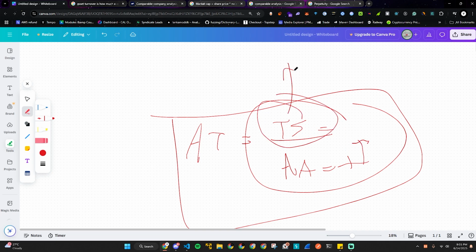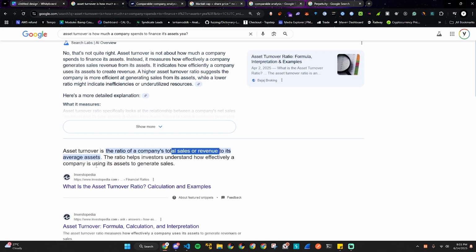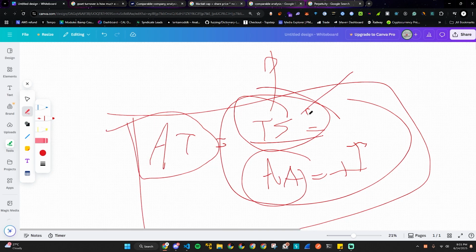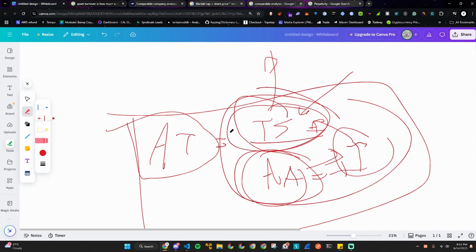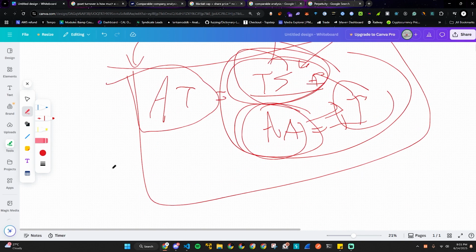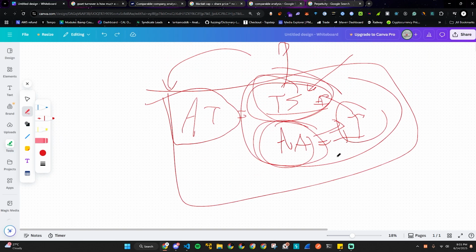So total sales is because of these assets as a part of it, right? So that's the asset turnover, as you can see. The ratio helps investors understand how effectively a company is using its assets to generate sales. Exactly, because if your assets are doing you proper justice, then you will have good total sales, and that way you determine the asset turnover ratio. So it indicates how well you're using your assets to make total sales. That's what this asset turnover ratio does.